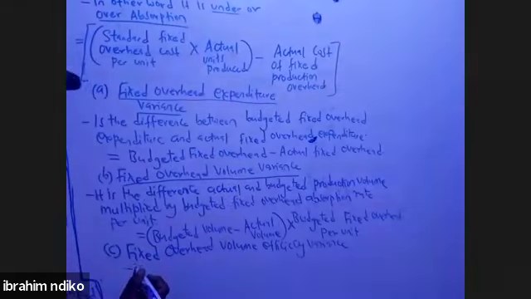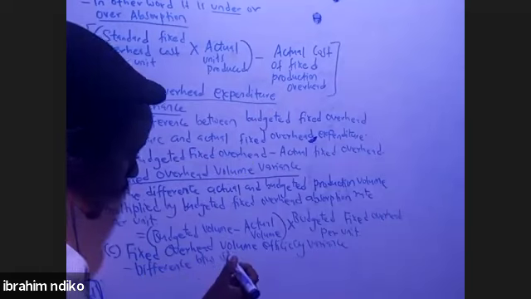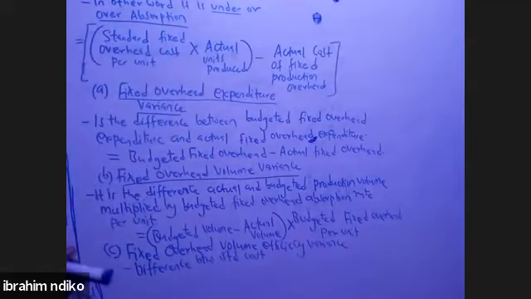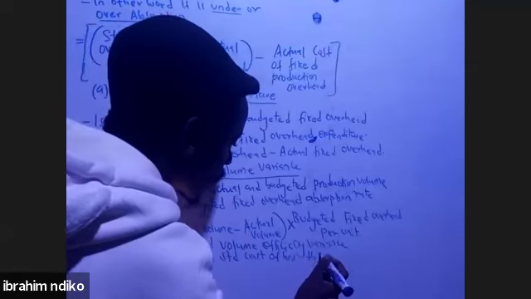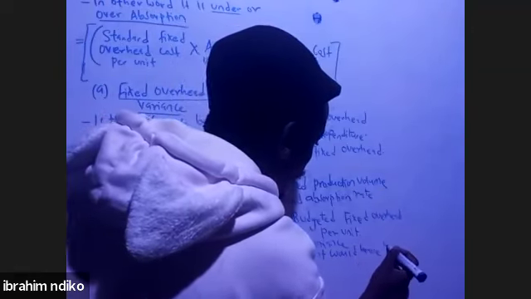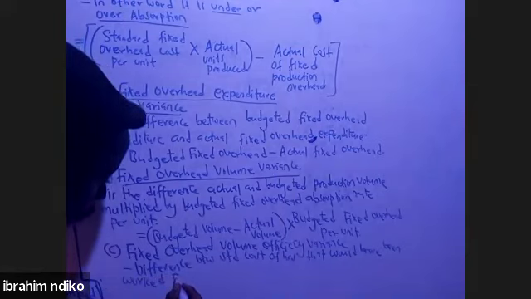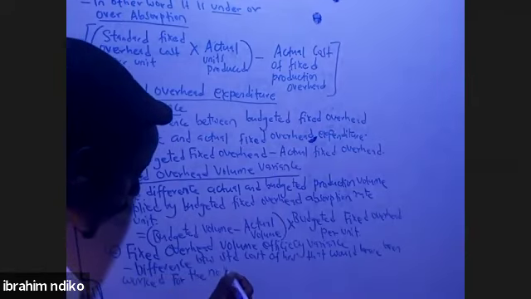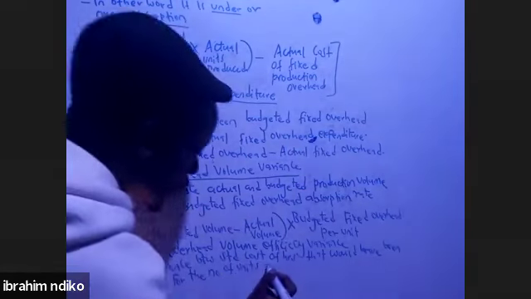It is the difference between the standard cost of hours that would have been worked for the number of units actually produced.